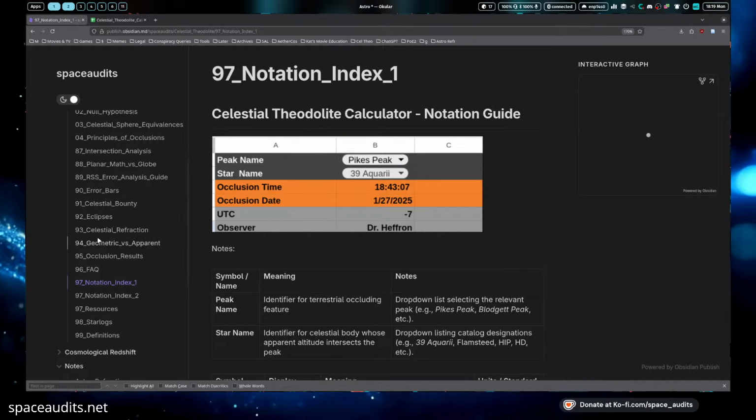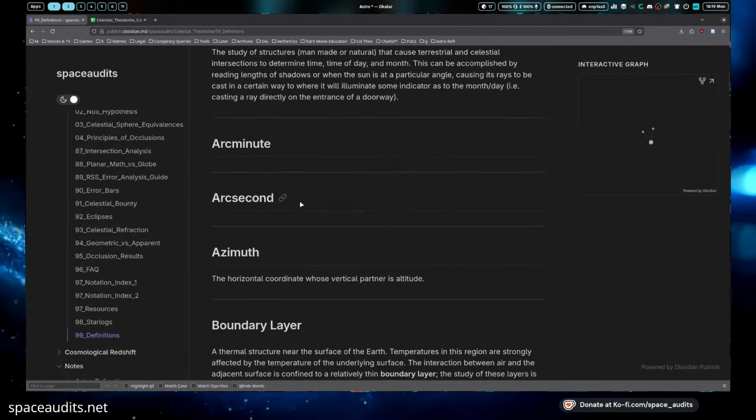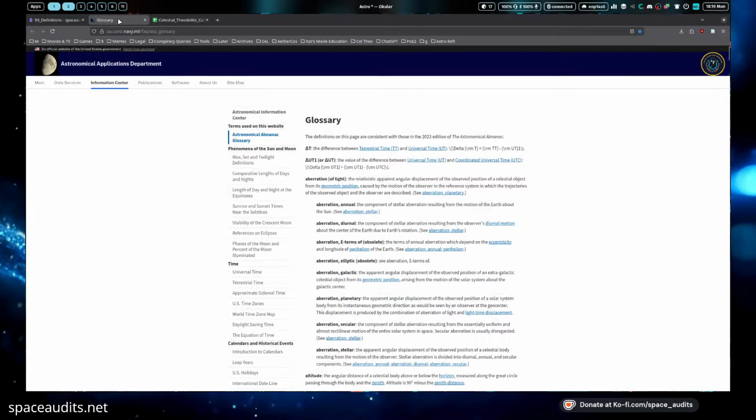Now, for definitions on occlusions and other things here, there we go. If a definition is not covered here in the database, you can refer to this link from the military.